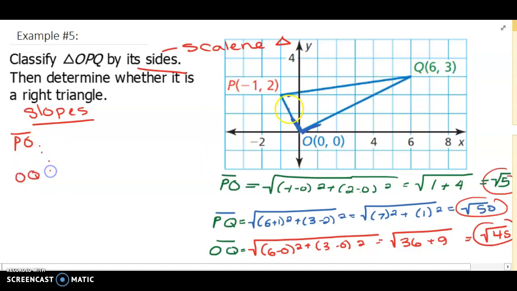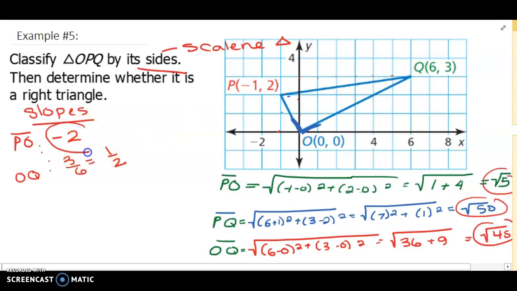Okay, so the slope of PO, I'm going down 1, 2 over 1, so it's just -2. OQ, I'm going up 1, 2, 3 over 1, 2, 3, 4, 5, 6, so 3 over 6, which reduces to 1/2.